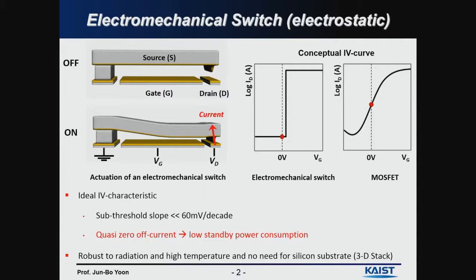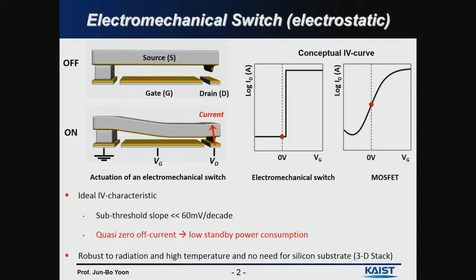You know that this finite subthreshold slope comes from the fact that the current increases exponentially depending on the energy barrier lowering. But this hinders the further reduction of the threshold voltage. And this can be solved by the electromechanical switches because they can give you abrupt switching. So we need more than the exponential growth.